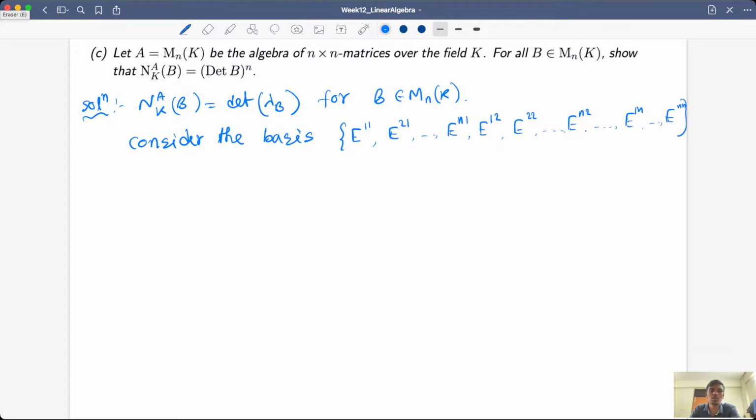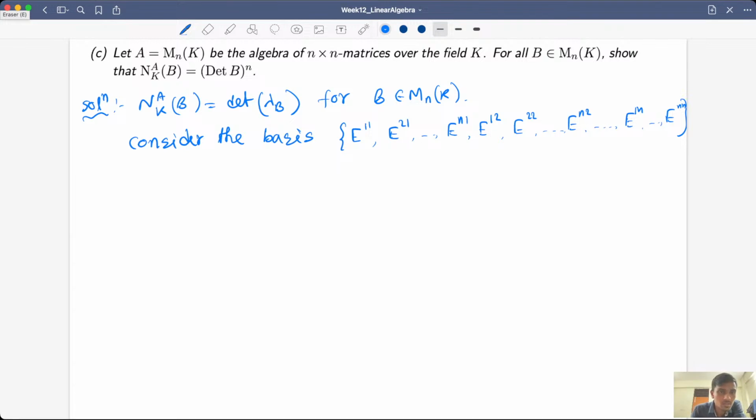That means I am going through column by column: first the first column, with the single entry 1 at position 1, then at position 2, up to n1, then the second column, third column, and so on. So this is my order of the basis.